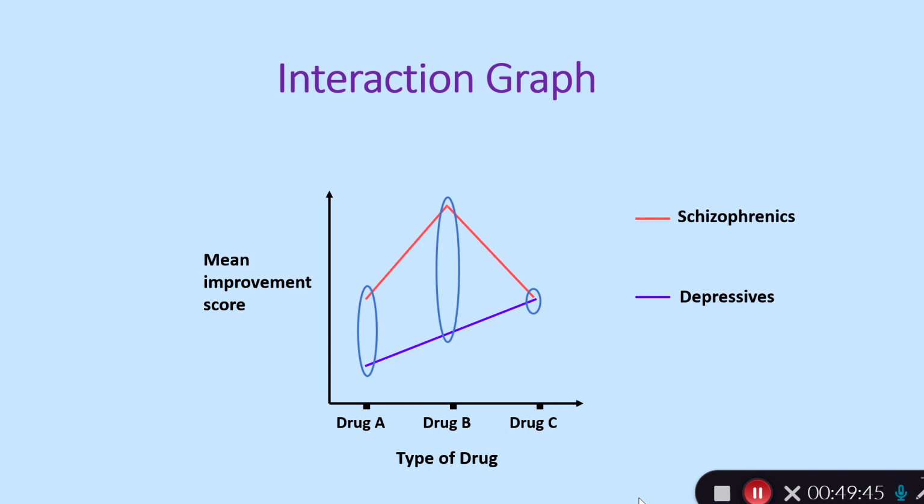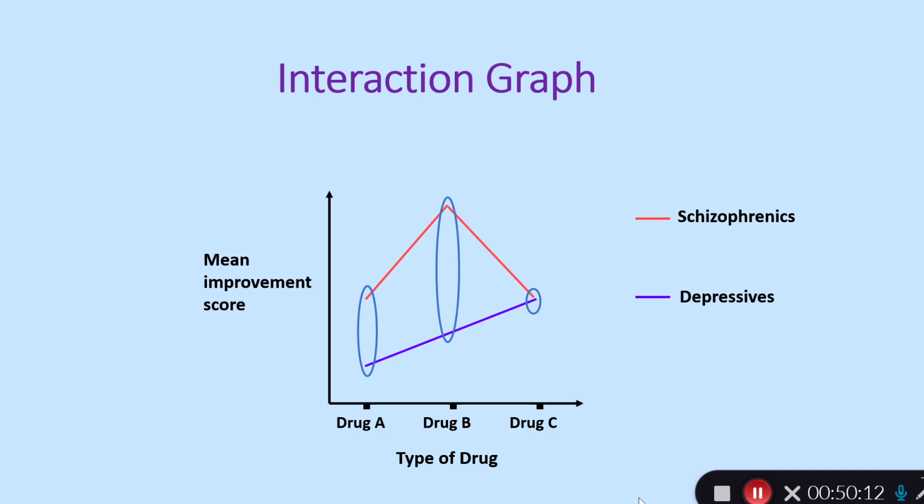So if you're schizophrenic, you want drug B, okay? Because it depends. But if you notice, drug C is the one that leads to the highest mean improvement score for depressives. So if you're depressive, you want drug C. Okay, so if you're schizophrenic, you definitely want to be taking drug B, to get better overall improvement.